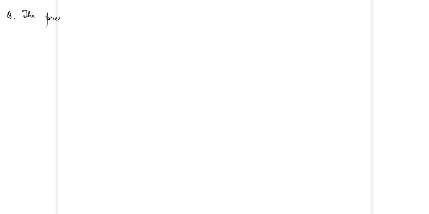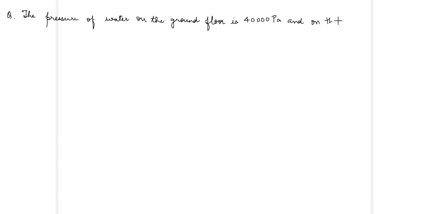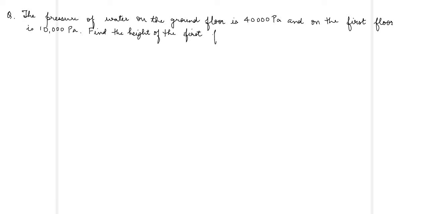The pressure of water on the ground floor is 40,000 Pascal, and on the first floor is 10,000 Pascal. Find the height of the first floor.